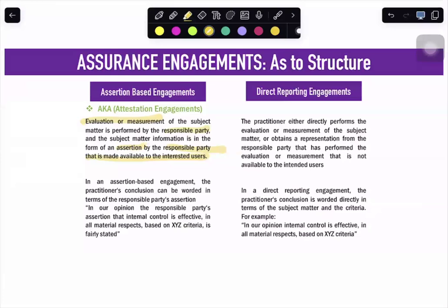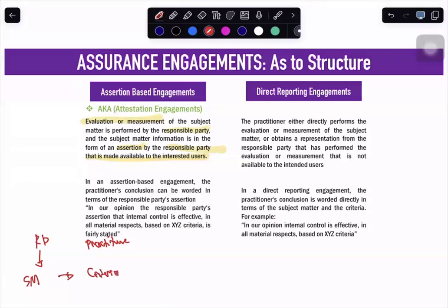So, in our opinion, the responsible party's assertion that internal control is effective in all material respects based on XYZ criteria is fairly stated. So if you look at it, we have here the responsible party. The responsible party provides the subject matter, and then that subject matter will be looked into by the practitioner by looking into the different criteria.